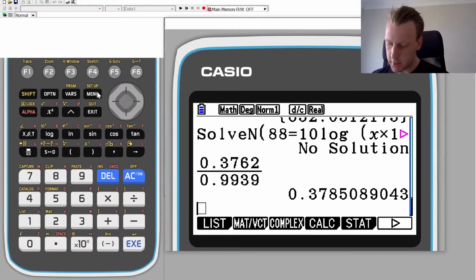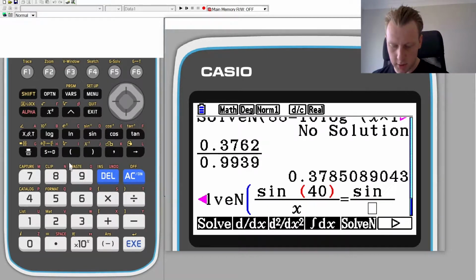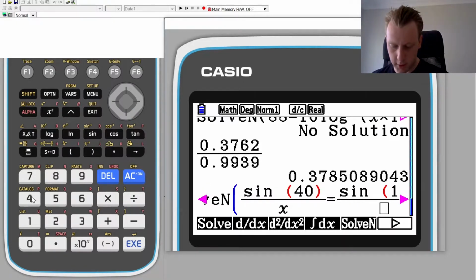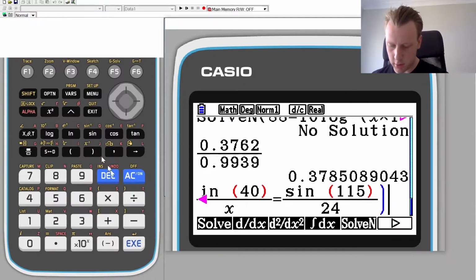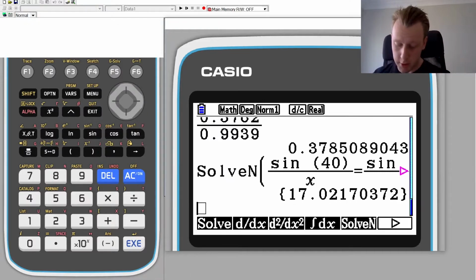And then Options, Calc, Solve N, and then put in my sine rule: sine of 40 over x equals sine of 115 over 24. That gives 17.02.